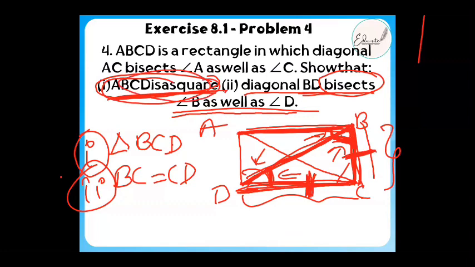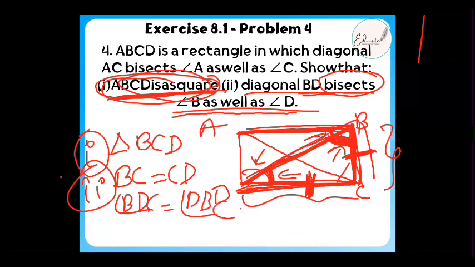If BC is equal to CD, then angles opposite to these equal sides are equal, correct? Which are the angles opposite to these equal sides? Angle BDC equals, yes, excellent, angle DBC. These both angles are equal.